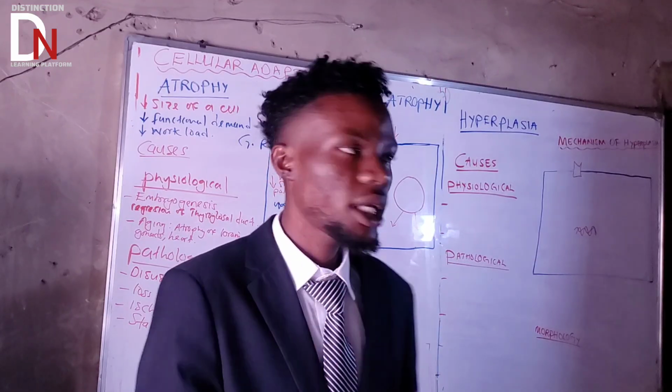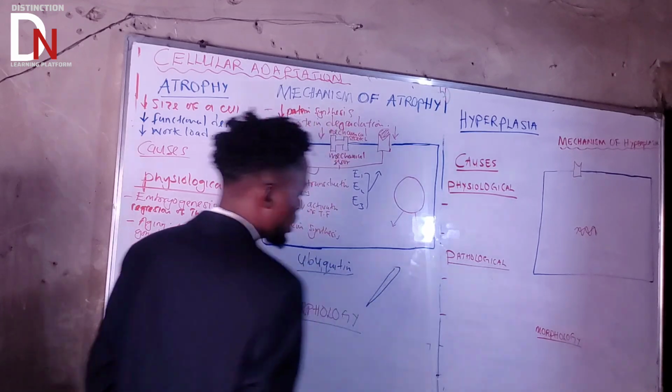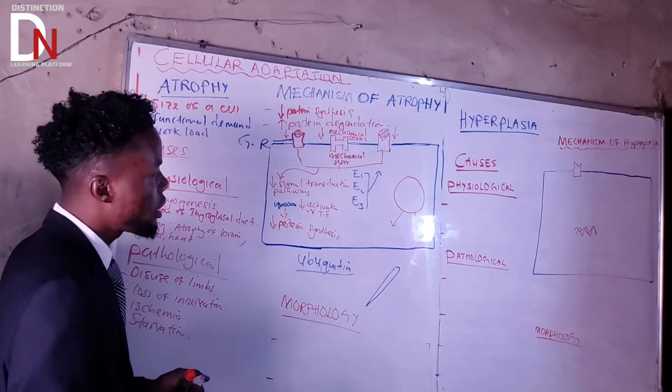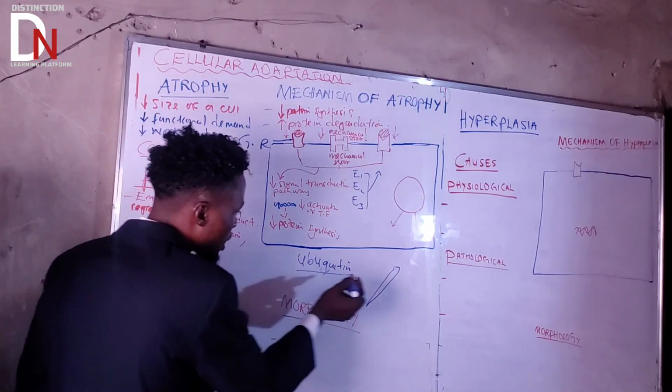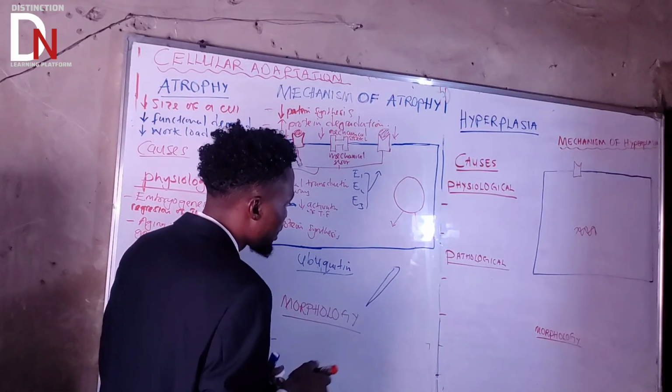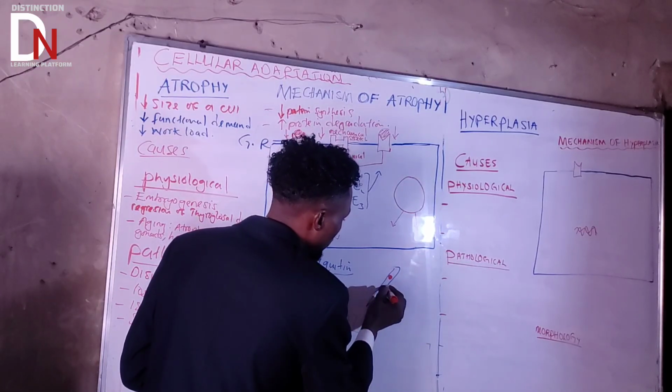If this is a protein that has to be degraded in this vesicle, then ubiquitin has to be there.